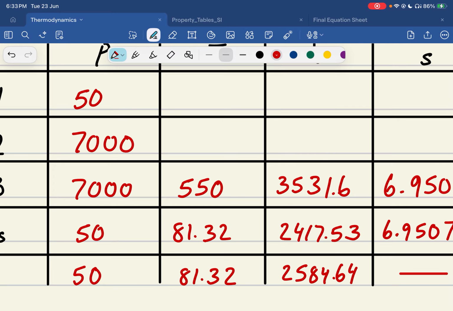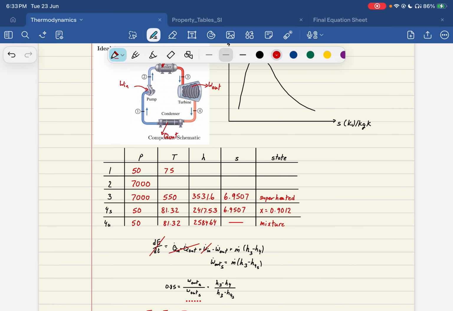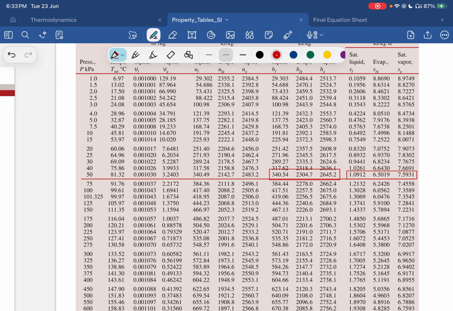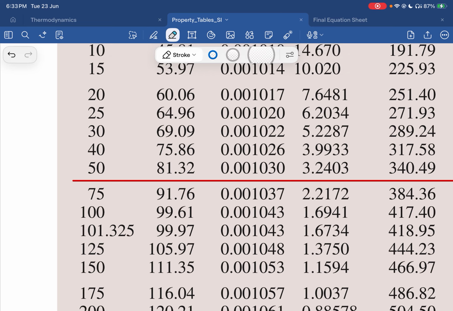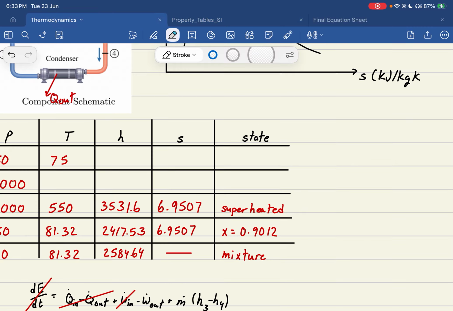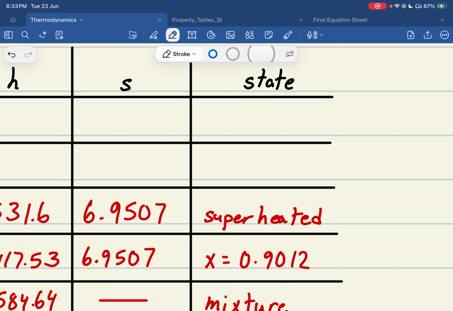So from that, we can say that state 1 is at 75. But since it's staying at the same pressure of 50, our temperature right here is lower. So that means you are a compressed liquid. Okay, so we say it's compressed liquid.